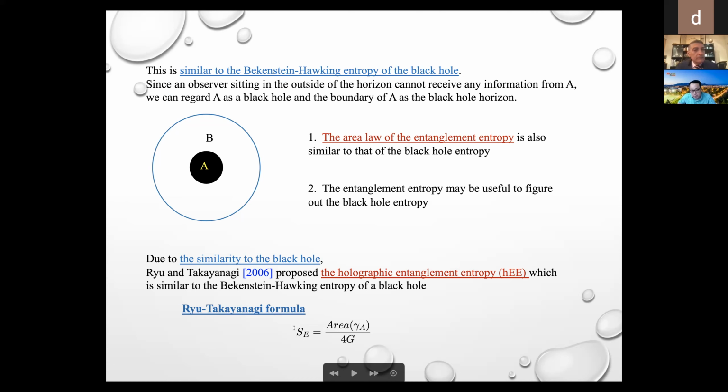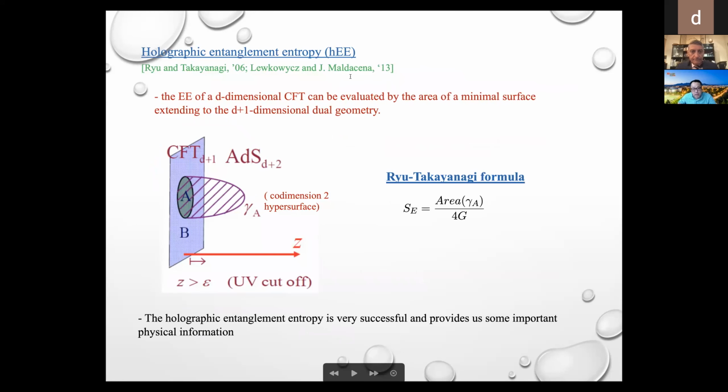This is very similar to the definition of the Bekenstein-Hawking entropy. This was just a proposal, and then Maldacena and his collaborator proved that this Ryu-Takayanagi formula is really a correct definition.